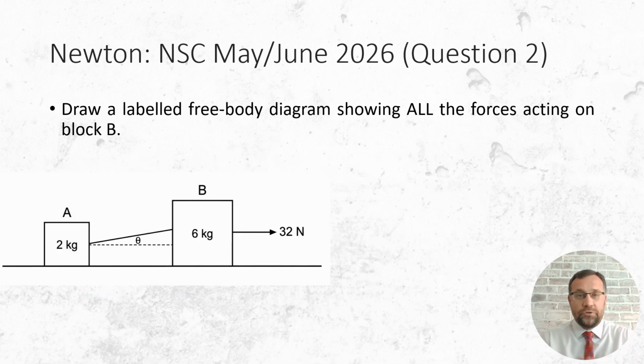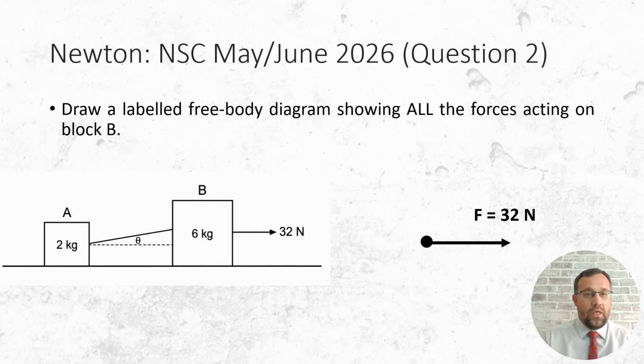Draw a labeled free body diagram showing all the forces acting on block B. This question is worth 5 marks, so we need to draw 5 forces. First, we have our applied force of 32 newtons.